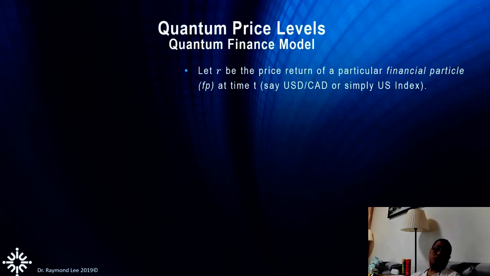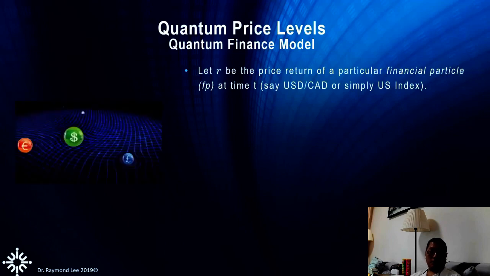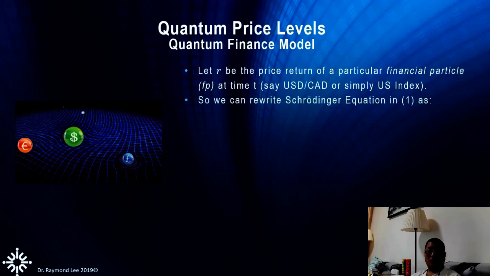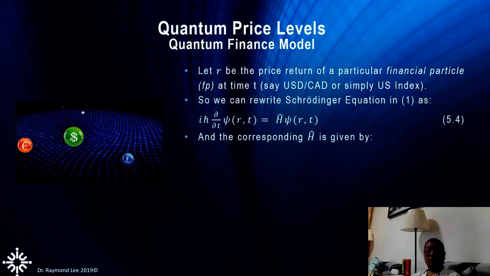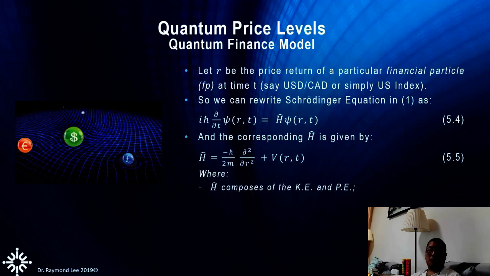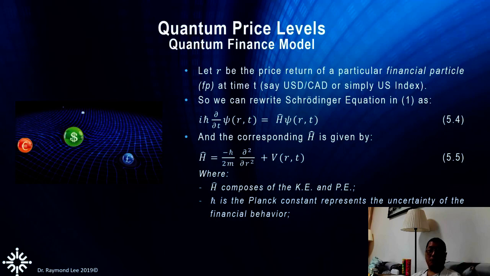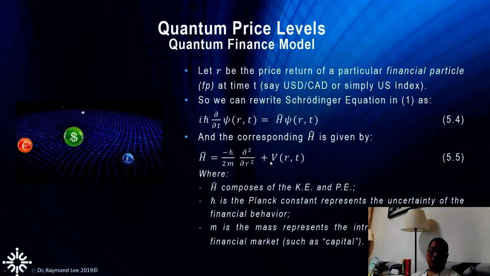Say, for example, you are using a particular currency pair, USD and CAD, US and Canada, as an example, because it's one of the major currency pairs, with the largest amount of transactions every single day. So we can write the whole equation like this, as we have already mentioned. The Hamiltonian has the KE and the PE part. The first is the KE part, the second is the PE part. So we have already talked about that.